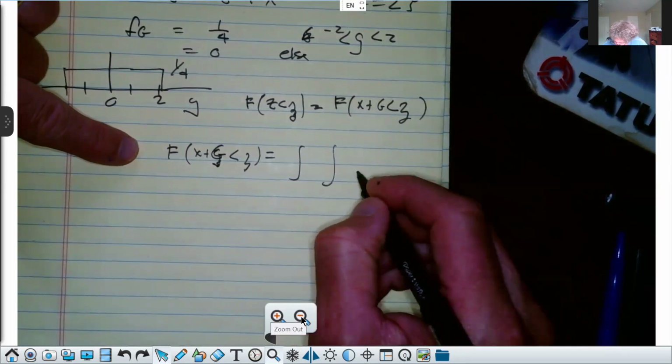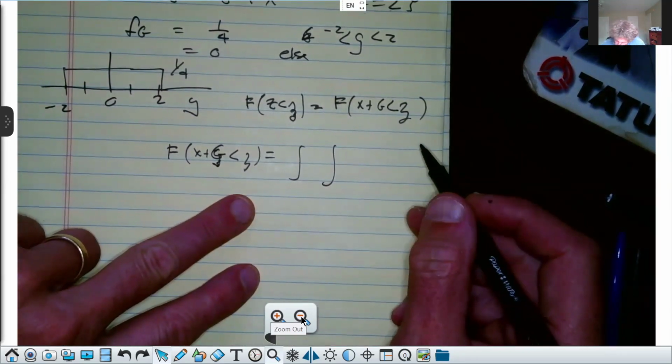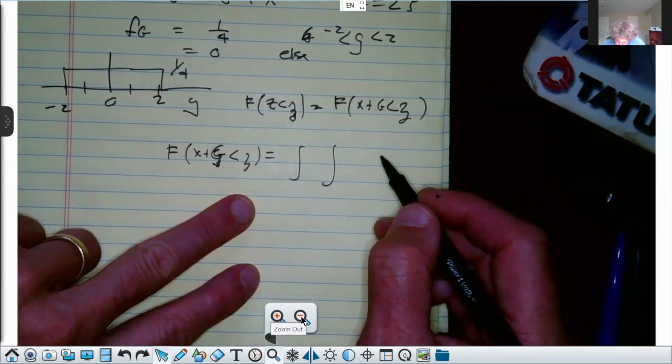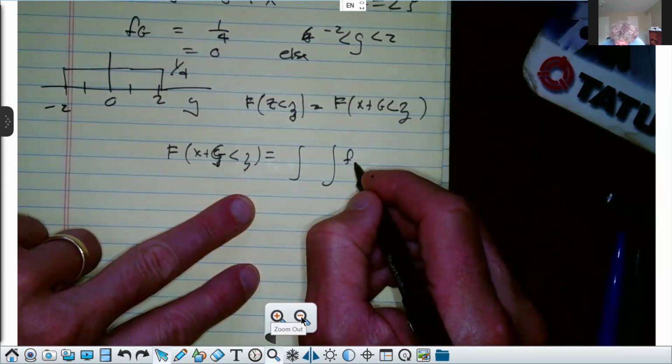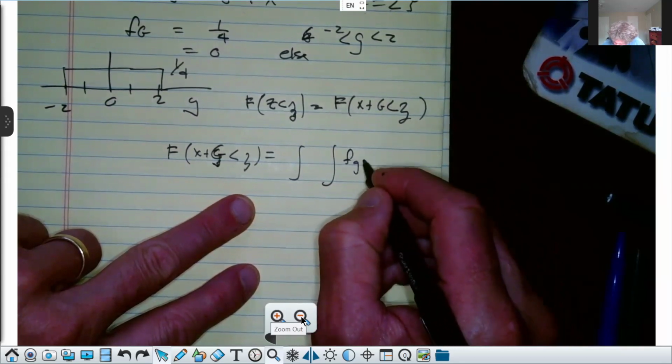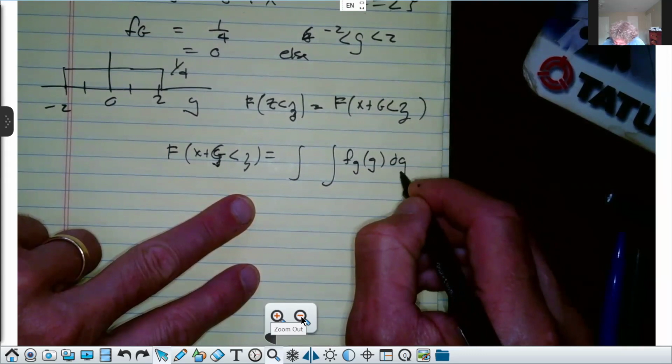And here, you're going to have an integral. It won't matter which one we do first. We can go f of g as a function of g, dg.